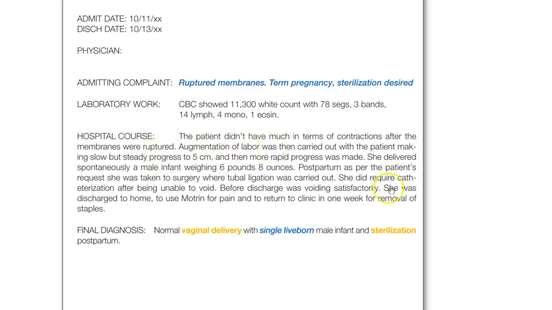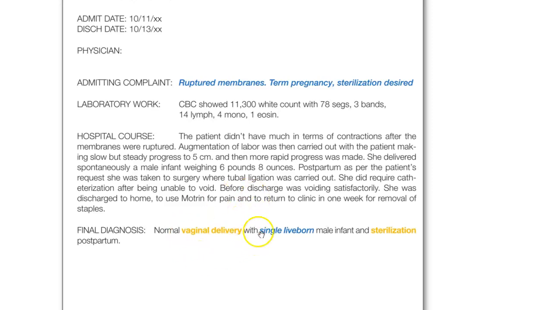Augmentation of labor was carried out, and she delivered a male infant, 6 pounds, 8 ounces. Postpartum, she was taken to surgery for that tubal ligation. She did require catheterization because she was unable to void, but was discharged because she was voiding satisfactory. Okay, final diagnosis is normal vaginal delivery with single live-born male infant and sterilization.